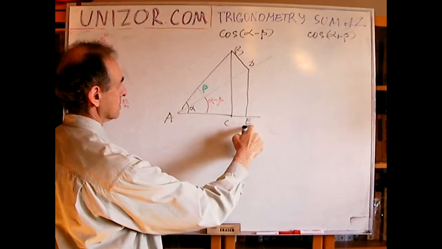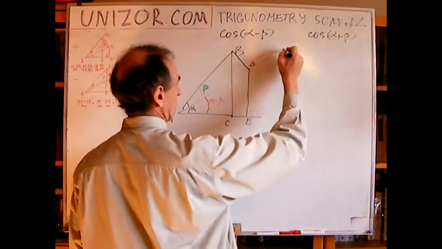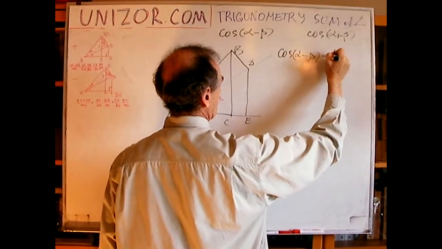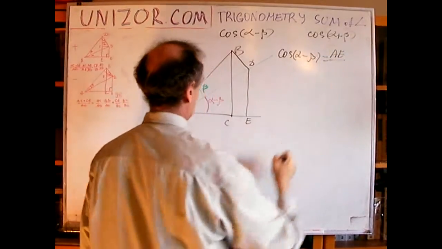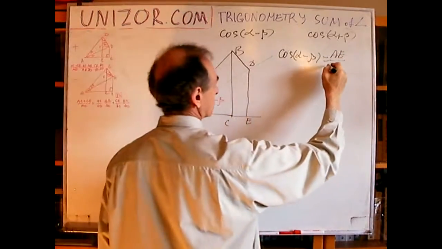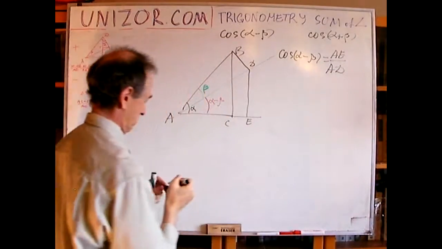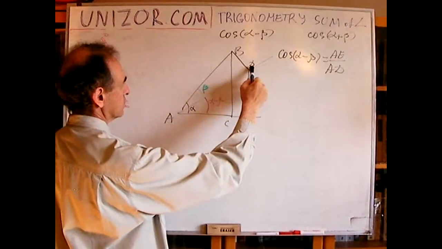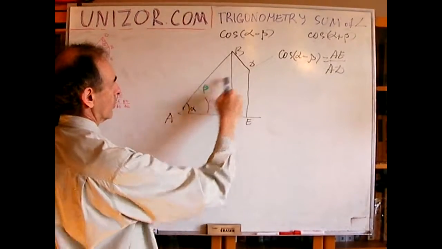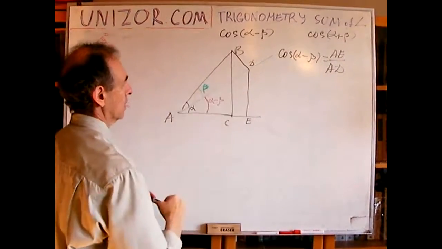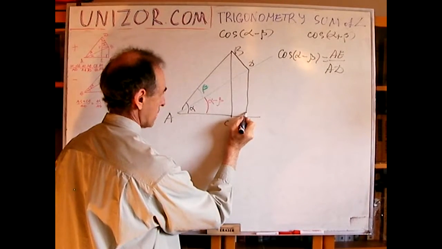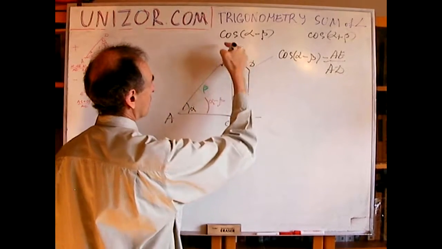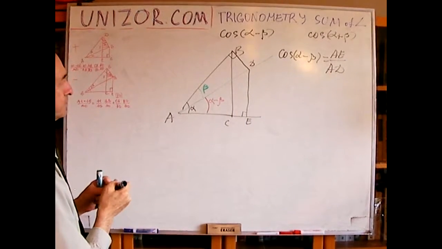Well, adjacent cathetus is AE, and hypotenuse is AD. So far so good. AE over AD. Adjacent cathetus over hypotenuse. And this is a right triangle. By the way, it's a right triangle because I have dropped this perpendicular. And this is a right triangle because I also constructed it as a perpendicular.